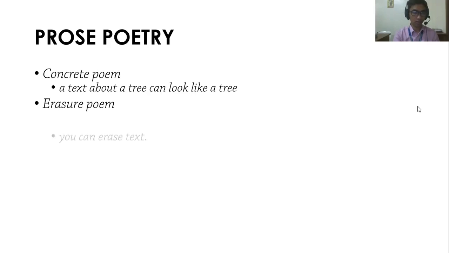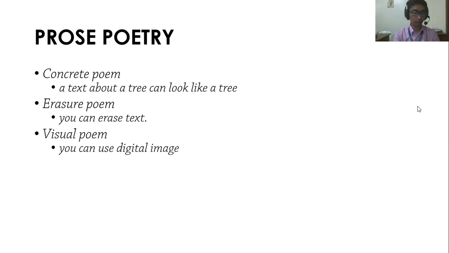You can erase texts. Actually, there are samples in Google. You can also collect pictures and text and form a collage. And for visual poem, you can make a digital image and call it a visual poem.